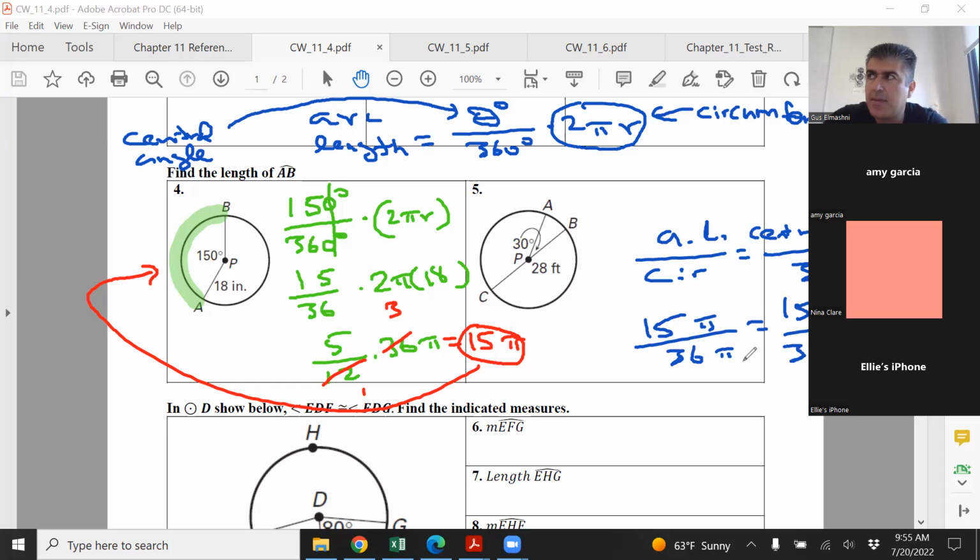They're going to be the same thing. They're the same exact thing, as it should be. It's all proportional reasoning. So that's what's going on with number 4. So number 5 will be very similar.